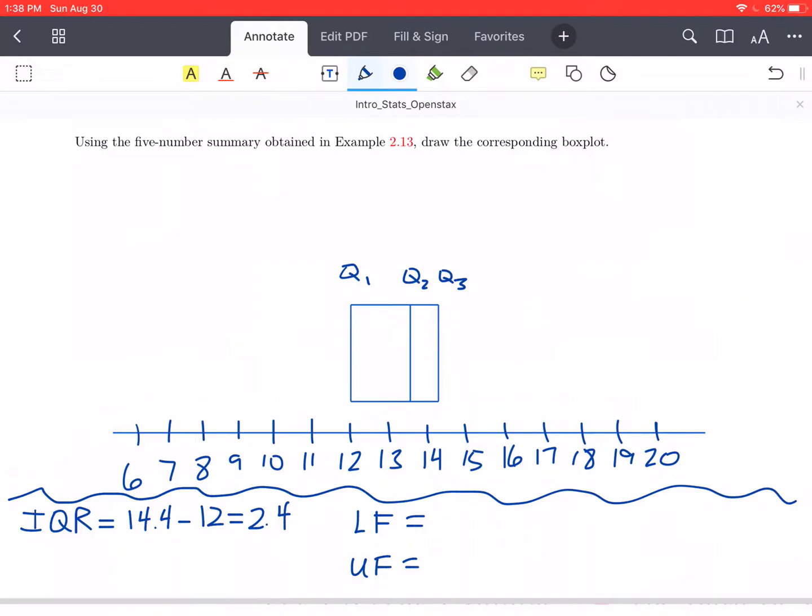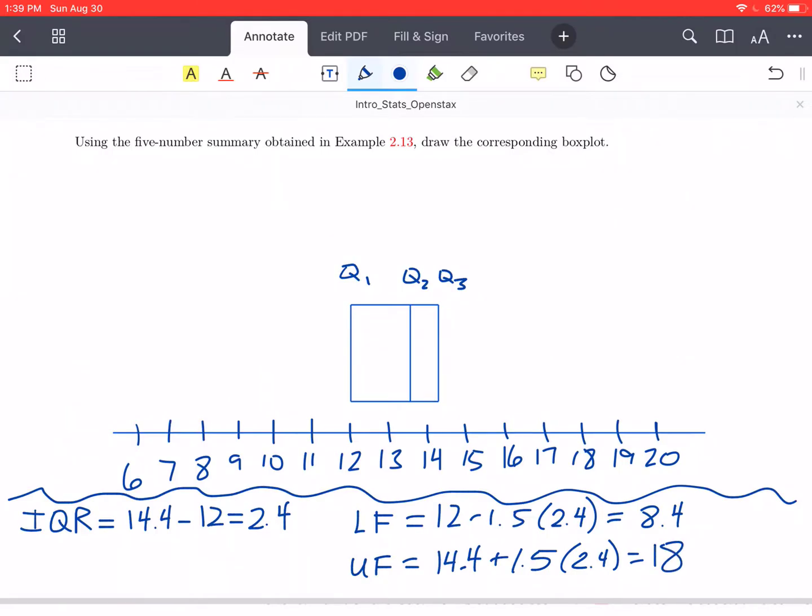So lower fence is Q1, which is 12, minus 1.5 times the interquartile range. That is 8.4. And the upper fence is Q3 plus 1.5 times the interquartile range, so 2.4. And that is 18.